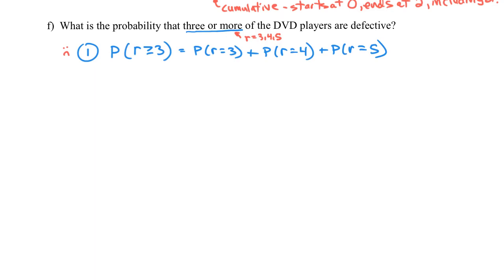So the easiest way to see this, let me write this out first. Okay, now this is the easiest way, but it's going to seem a little tricky at first.